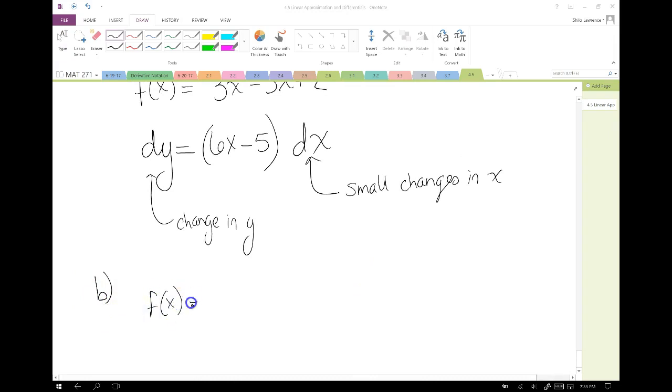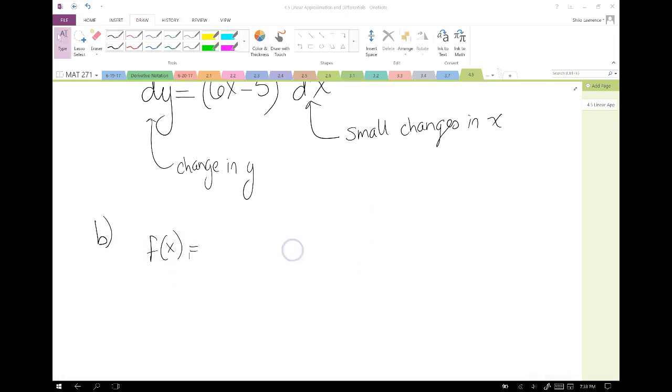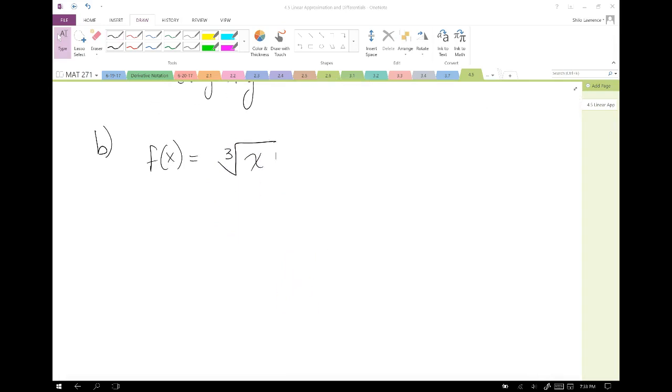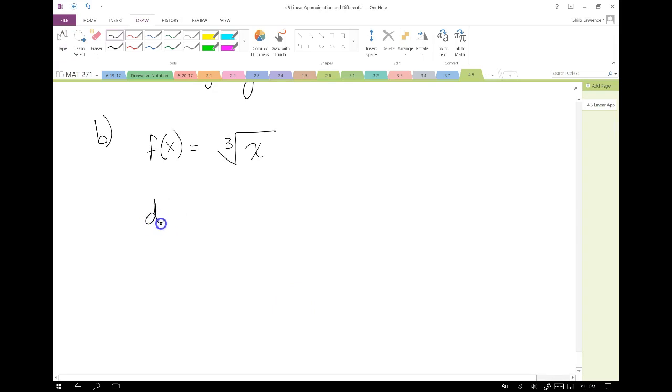F of x equals, let's say, cubed root of x. We want to know what the differential is, which tells us if I slightly change my x value, how is my y value going to change? So part of this is just set. We say dy equals, and then we do the derivative. For the derivative of cubed root of x, we have to rewrite it as x to the 1/3, and we're going to do the power rule.